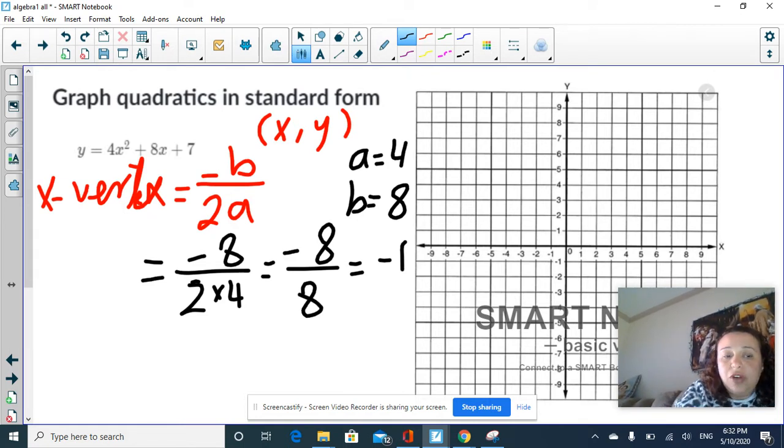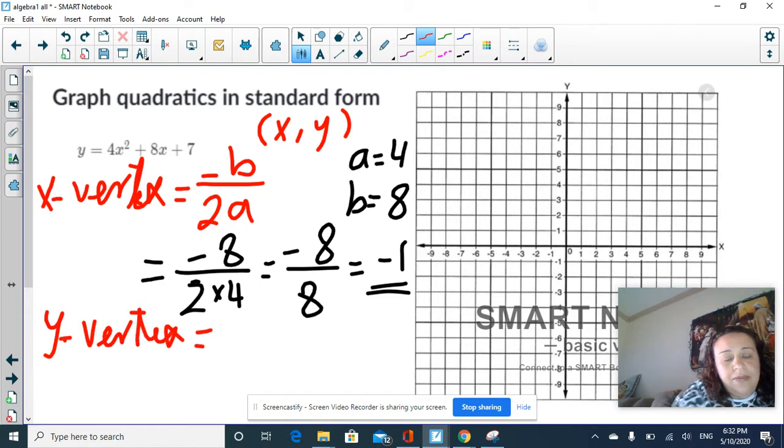When we plug in for x equal negative 1 in your function, you will find the y vertex. Okay, so y vertex equal, plug in for x equal negative 1. 4x squared will be 4 times negative 1 squared, plus 8 times x means 8 times negative 1, plus 7.